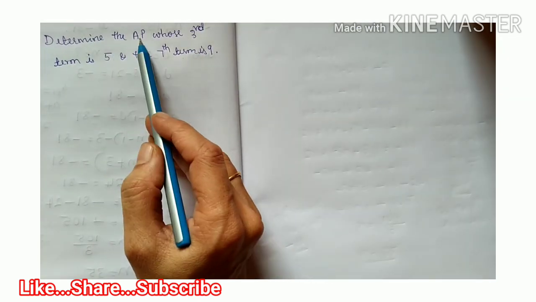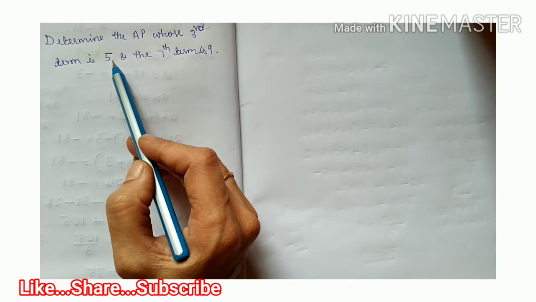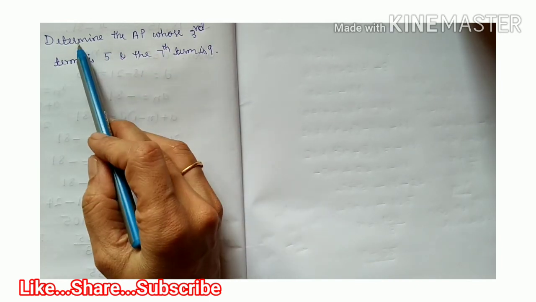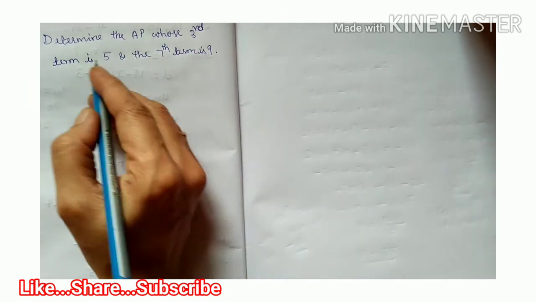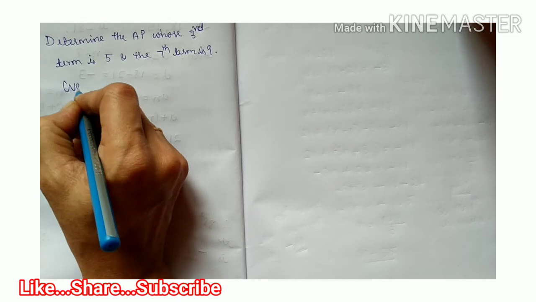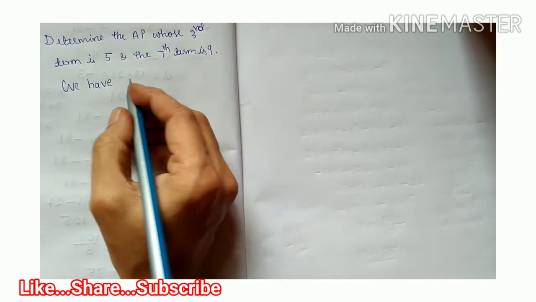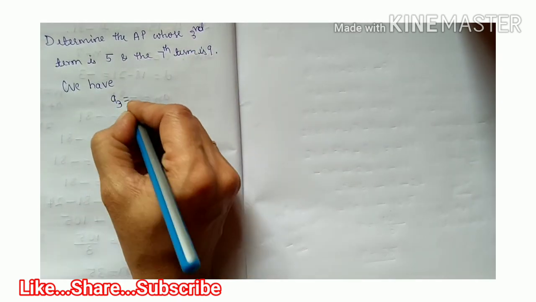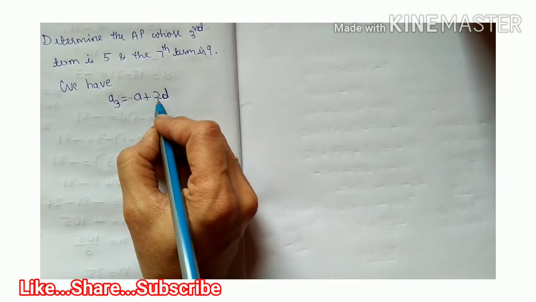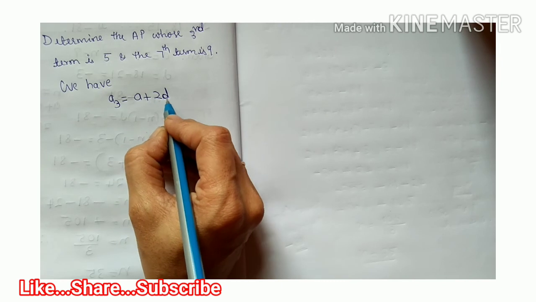Determine the AP whose third term is 5 and the 7th term is 9. Next problem. So we have the third term a3, a plus 2d, from a plus n minus 1 into d, a plus 3 minus 1 into d.